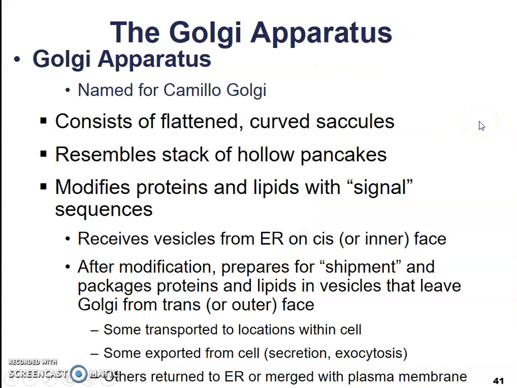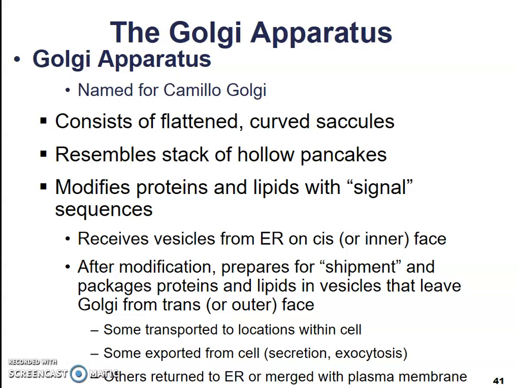The Golgi apparatus was named for a guy named Camillo Golgi. It consists of flattened, curved saccules, kind of resembles a stack of hollow pancakes. And it modifies proteins and lipids with signal sequences. So it receives vesicles from the ER on the cis or the interface.